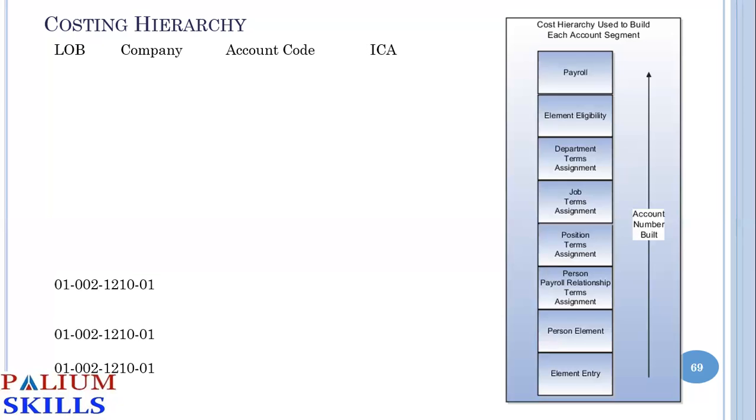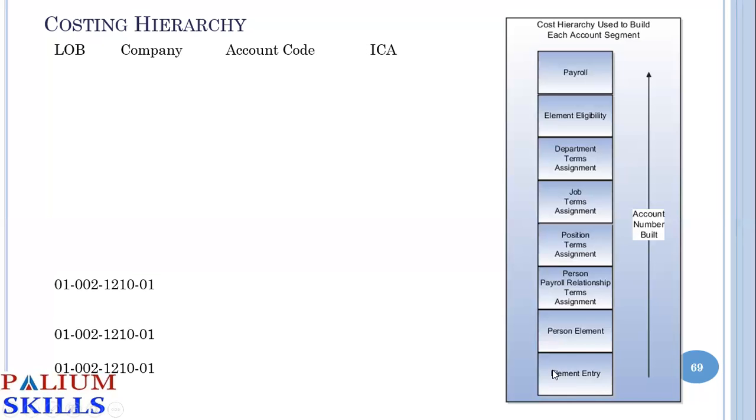So when you run the costing process, it will start looking through the information that you have entered. For example, you have entered 0100212101. It will first check whether this costing information is there at the element entry. If it is there, it will take it. If it is not there, it will go to the next higher level.